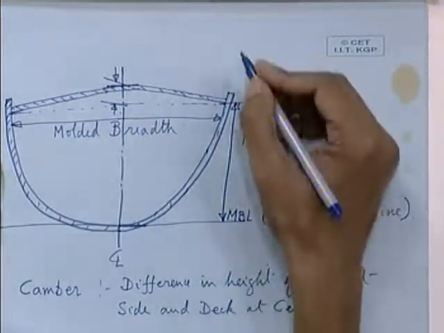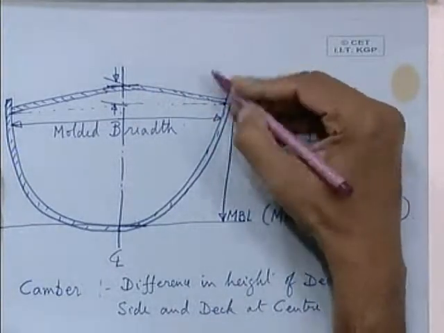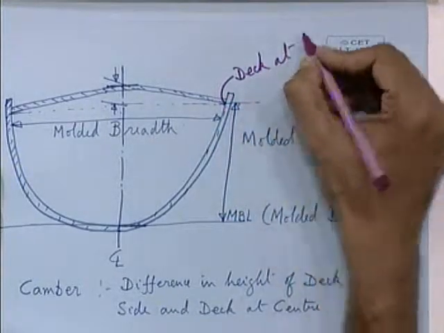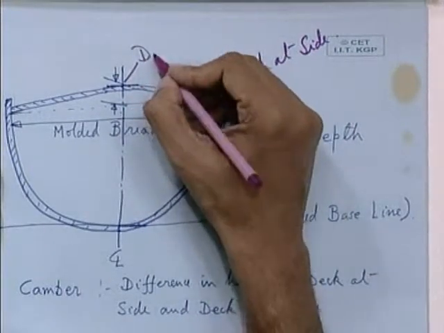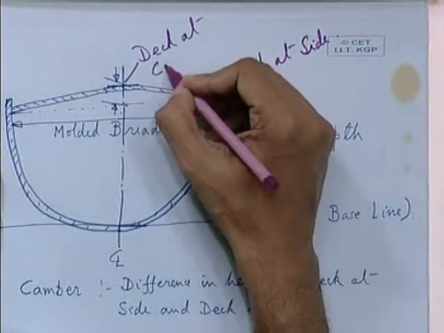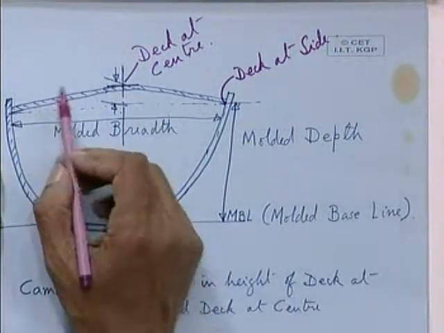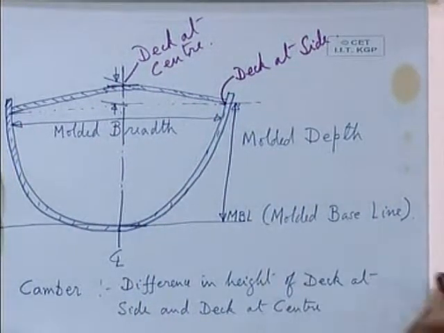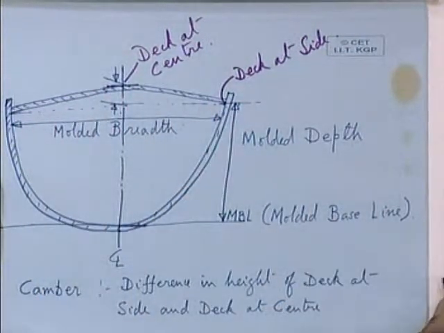So deck at side is this line, and this is your deck at center. So this camber was given in olden ships such that the water runs off and the deck remains dry.